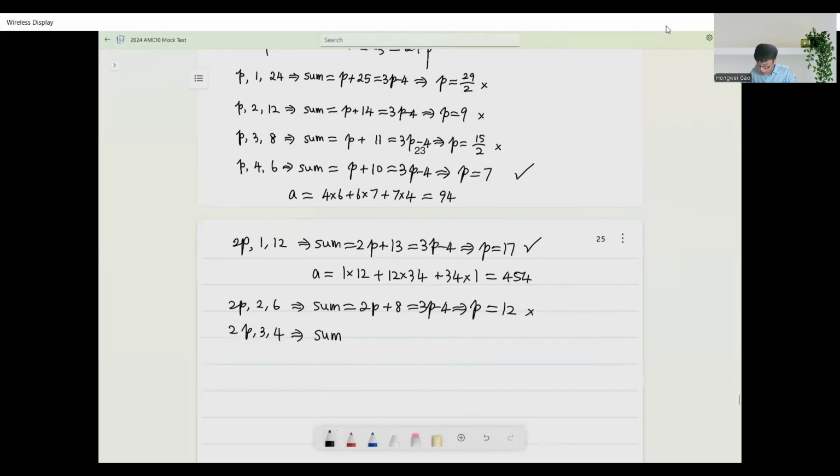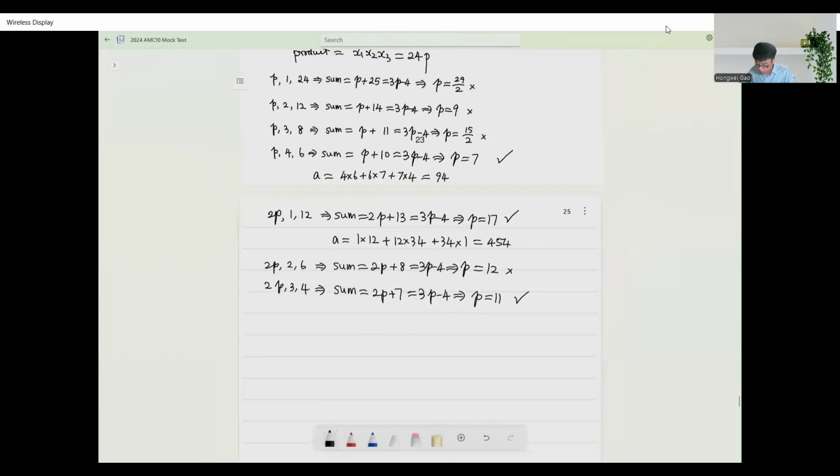The sum equals 2p plus 7. It is equal to 3p minus 4, so we get p equals 11. This case also works. And accordingly, we can solve a. A is 3 times 4 plus 4 times 22 plus 22 times 3. So it's equal to 166.